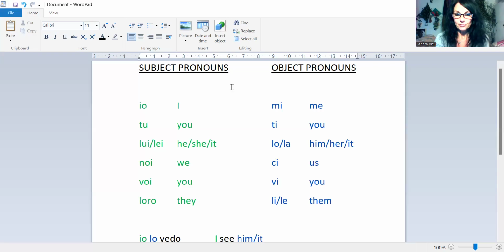So subject pronouns, pronomi soggetto. The subject is the person or an object that carries out the action in the sentence. So the verb will be conjugated according to the subject. As I said, the subject can be somebody's name, can be any object, and when we're talking about people, it can be not just a name but, for example, my cousin, my friend, the doctor, the neighbor.